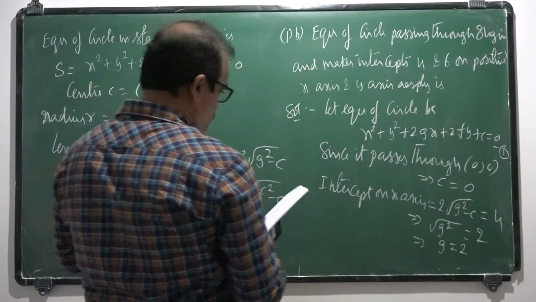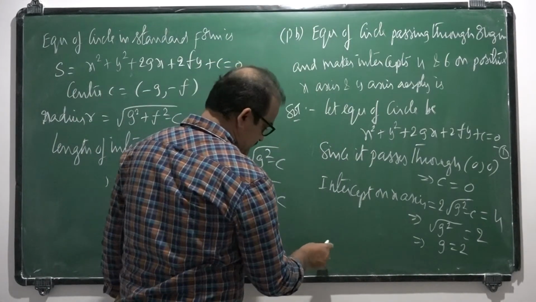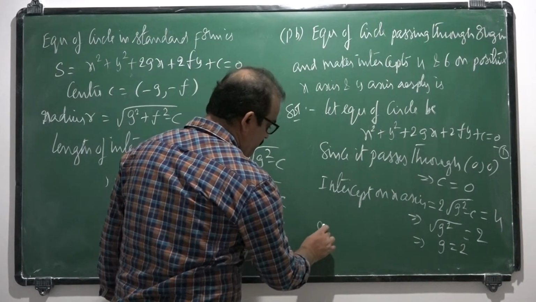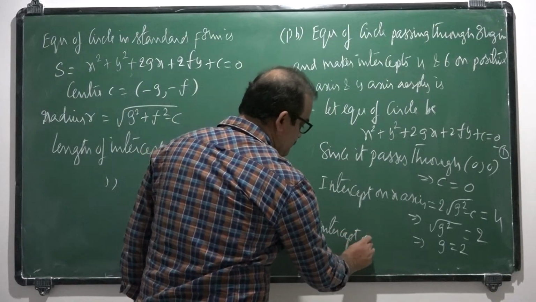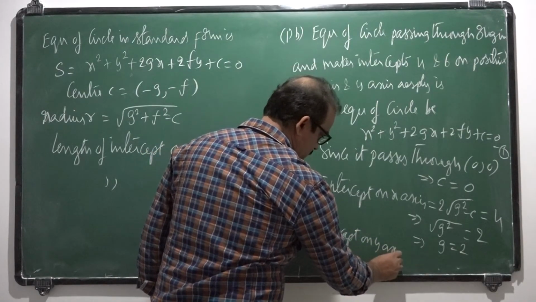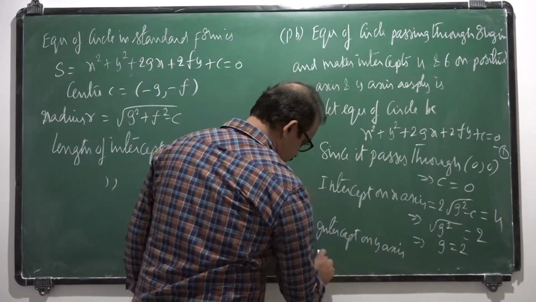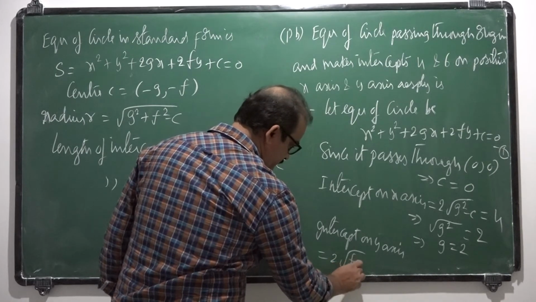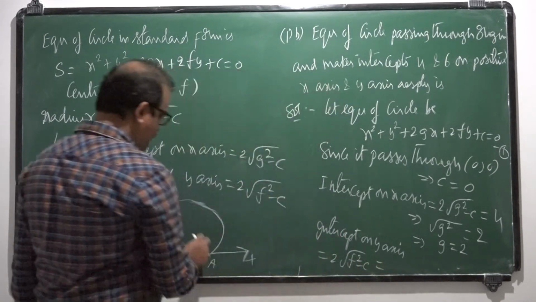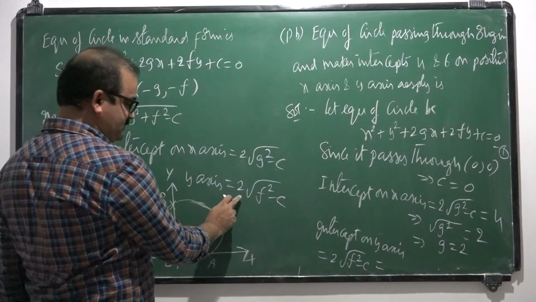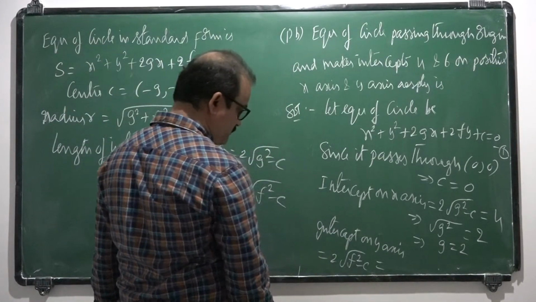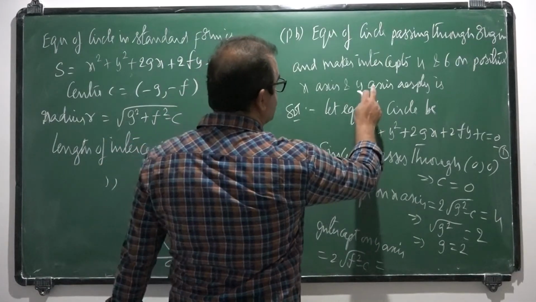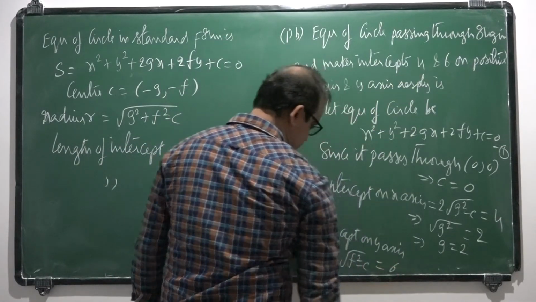Next, the intercept on the y-axis. The length of the intercept on the y-axis is 2 root of f² - c, that is equal to, what is the intercept on the y-axis? 6.